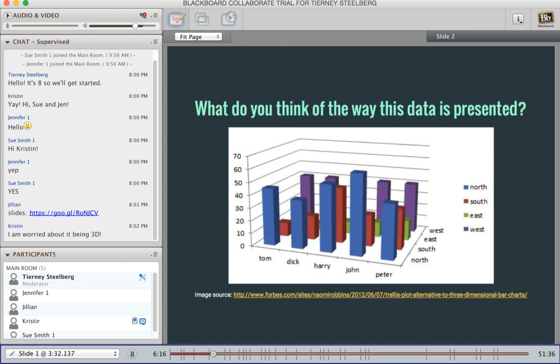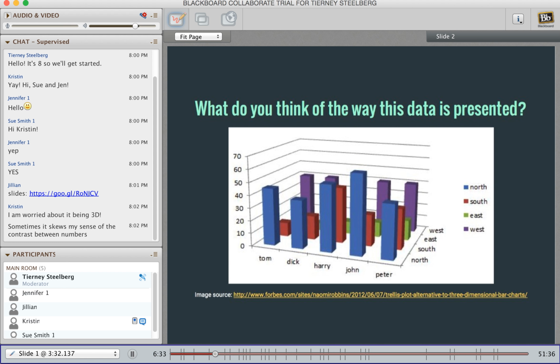It seems like a good worry to have. Why are you worried about it being 3D? What kind of effect does that have on the visualization? She says, sometimes it skews my sense of the contrast between numbers. That's an excellent point. Does anybody else have any thoughts or comments on this particular visualization?